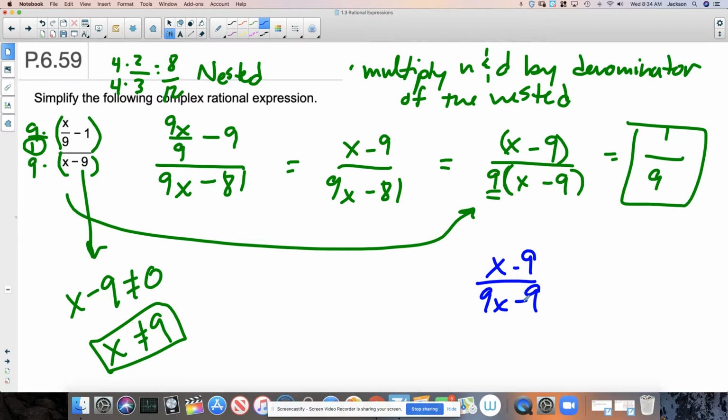This minus 9 is not a factor of the denominator. This minus 9 is a part of this product. So I can't cancel this with this because this is not a factor. Factors are things that are multiplied together, right? There are no parentheses here. There's no indication of multiplication up here. Same thing with this negative 9. So these don't get to cancel.